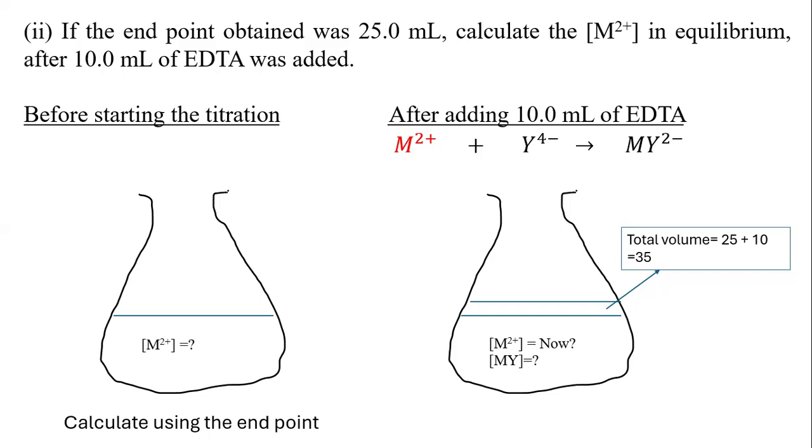At the very beginning, write what you have, M2+. Now, for any equilibrium, how do you calculate the concentrations in equilibrium? With the equilibrium constant equation. What is the equilibrium constant here in EDTA titration? How do you call it?